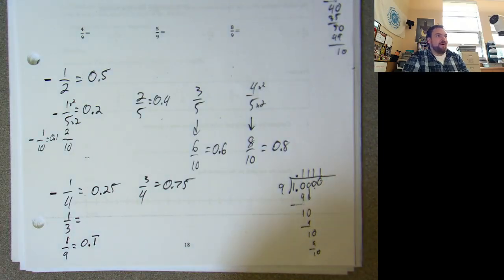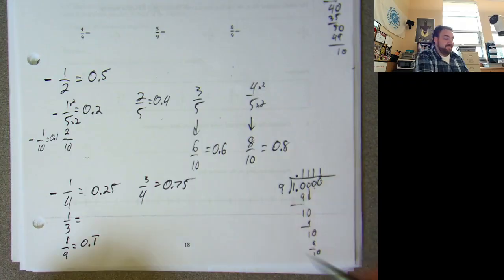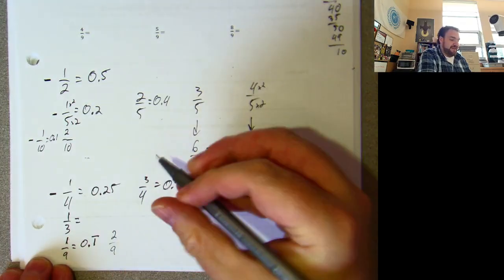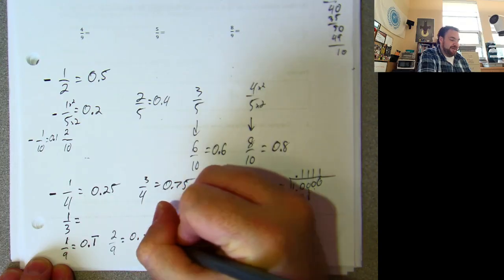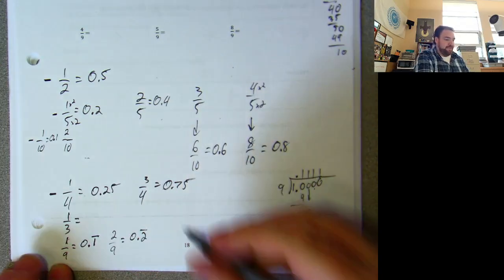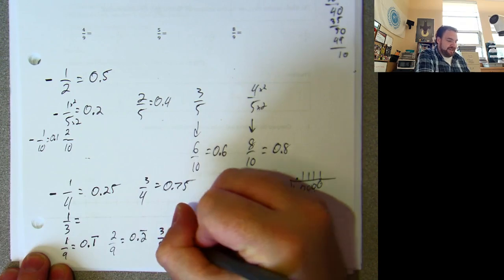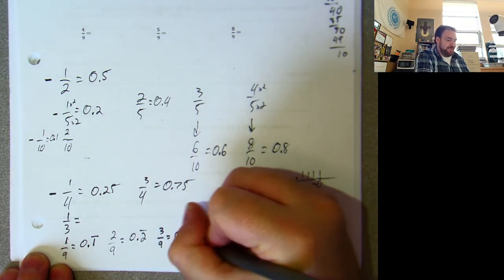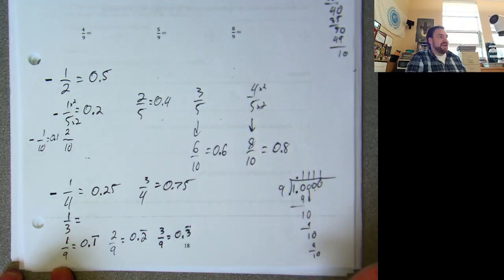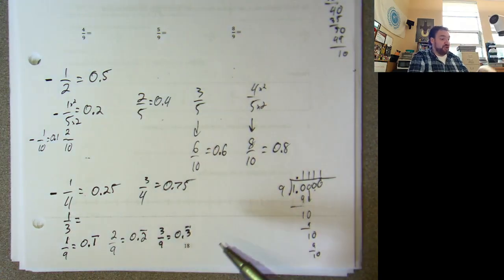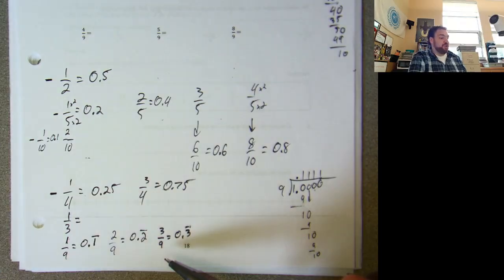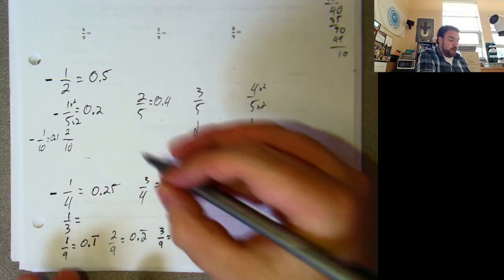Anyone want to take a stab at what 2/9 is? 2/9 is just 0.2 repeating. 3/9 is 0.3 repeating. And Guntas, if I reduce 3/9, what will it reduce to? 1/3.